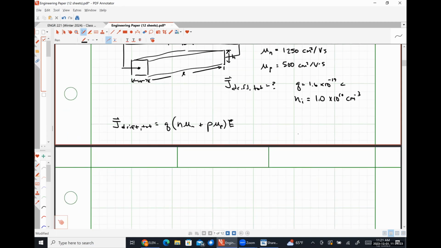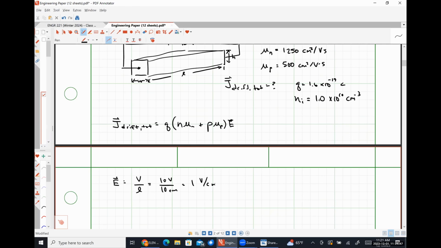So E is just going to be V divided by L. So 10 volts divided by 10 centimeters is 1 volt per centimeter. Okay, that seems like a reasonable thing for an electric field strength. Kind of weak field, but that's okay.